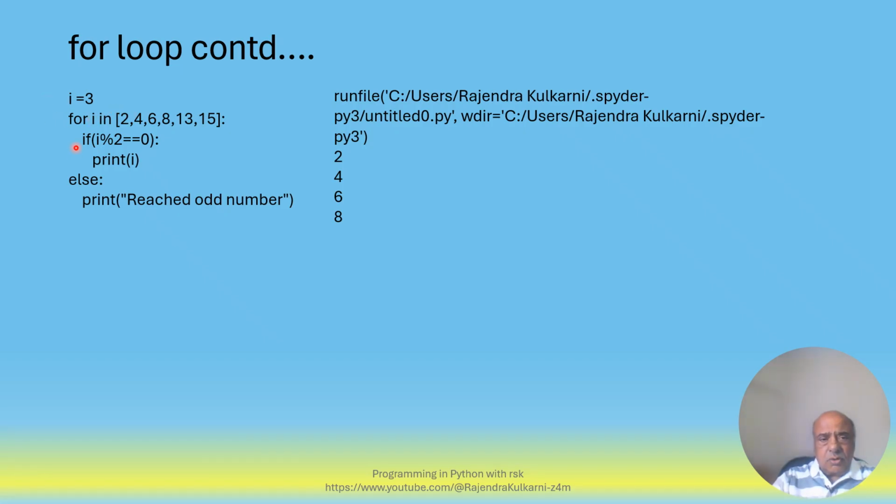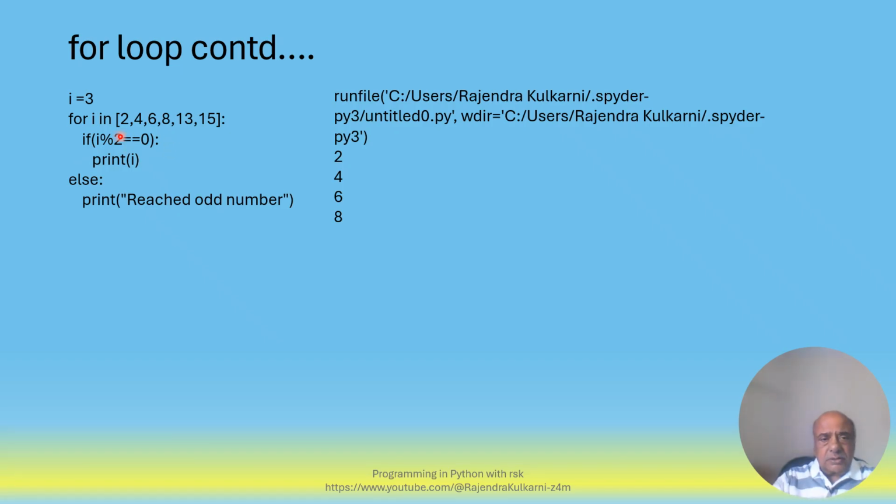But as soon as we write for I in 2, 4, 6, 8, 13, 15, which are the members of the list, this for will execute, taking the values sequentially starting from the 0th location in the list.